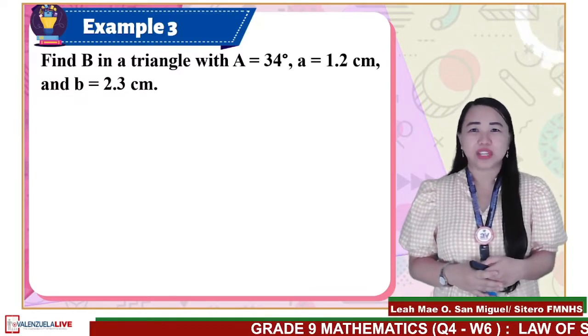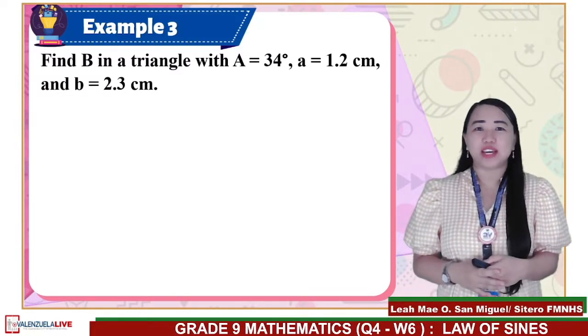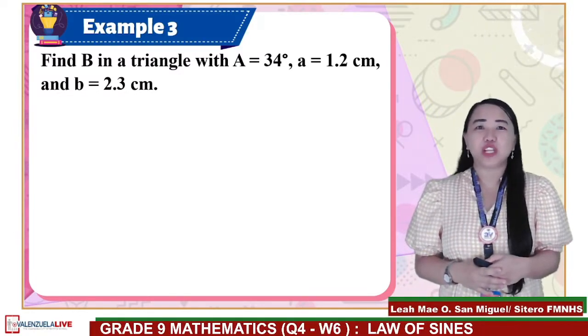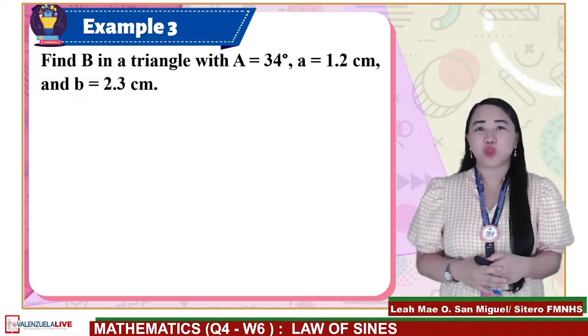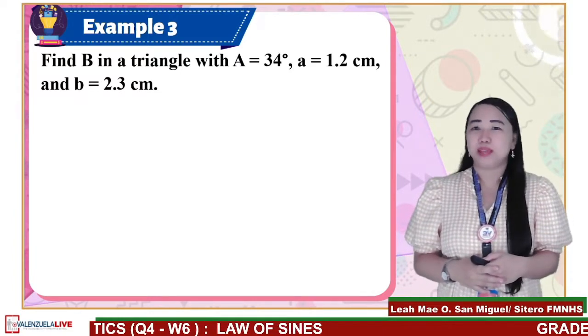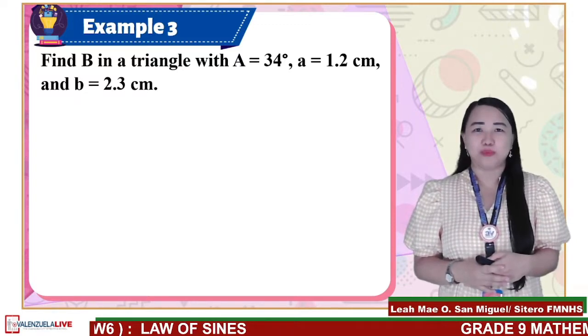Number 3. Find angle B in a triangle with angle A equal to 34 degrees, a equal to 1.2 centimeters, and b equal to 2.3 centimeters.